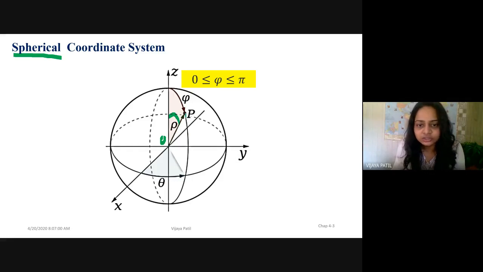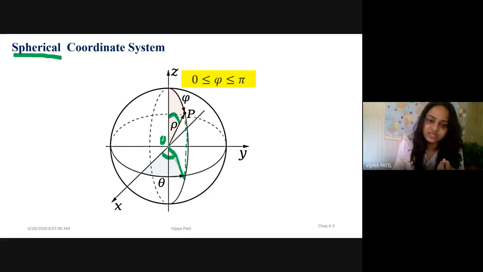Let us draw another point from this P and put the projection here on this. Let us say that this is a point and this is a vector here. Theta is the angle made by this vector with the positive x. This theta is nothing but the angle made by this line, the projection of this point on the xy plane, with the x-axis, right? So this is the angle between the positive x and this vector, known as theta.